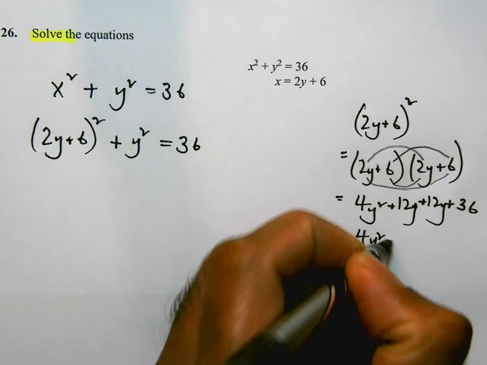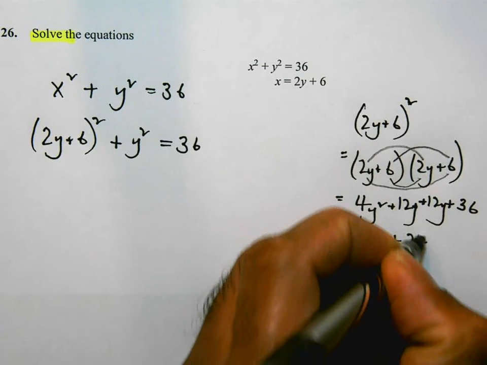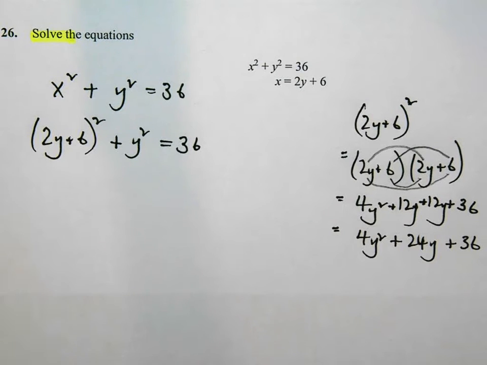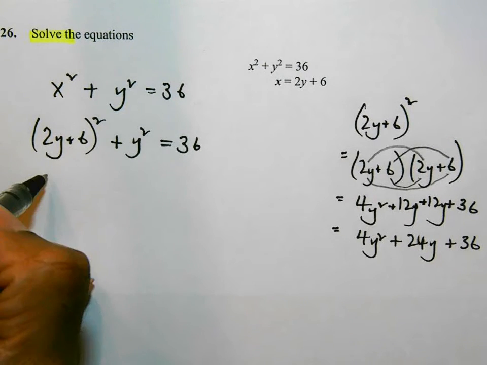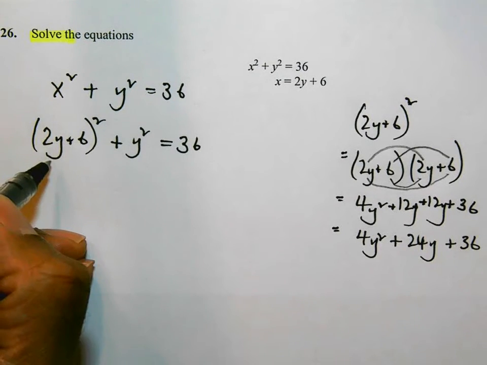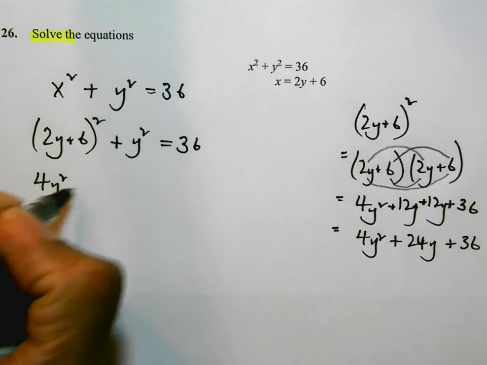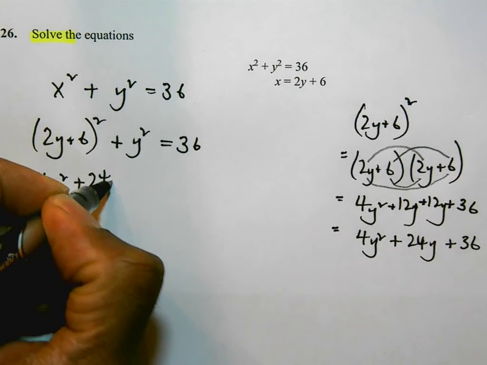Okay, so I'm going to go back to my expression and replace (2y plus 6) all squared with 4y squared plus 24y plus 36. Add to that y squared, and that's equal to 36.